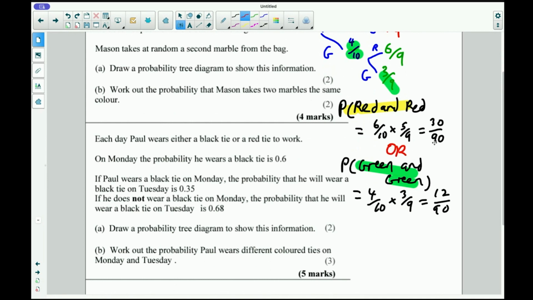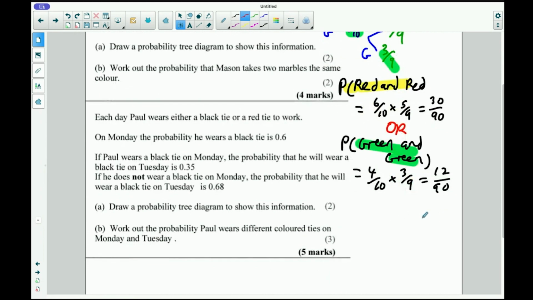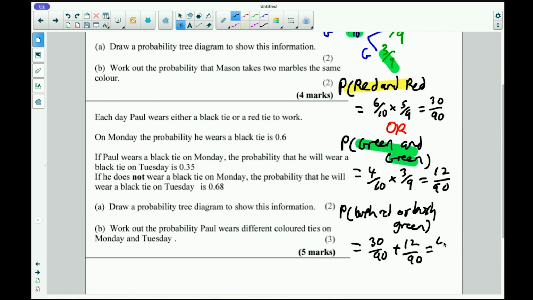Because it's either this or that, we're going to add these together. So the probability of both red or both green is equal to 30 over 90 plus 12 over 90, and that gives me 42 over 90.